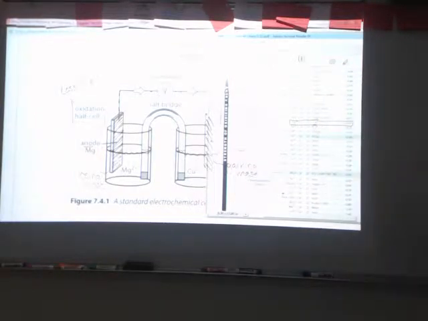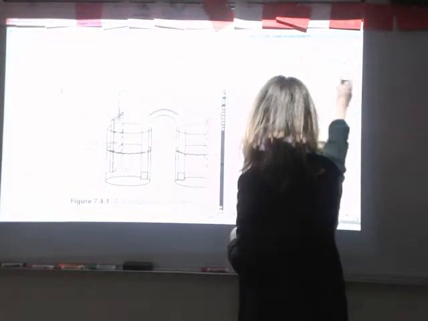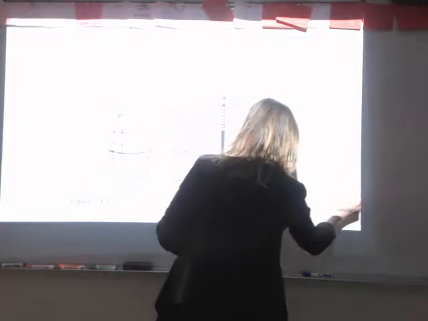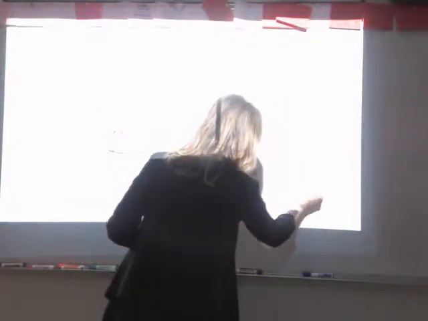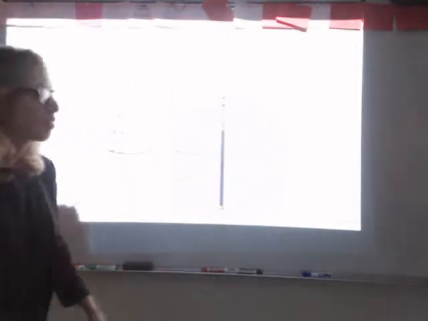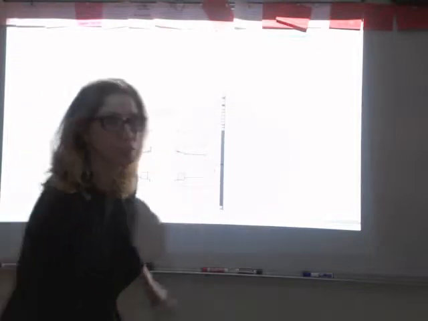And then I've got my magnesium. I don't think I went down far enough. Your copper's here, and then your magnesium's down here. So this magnesium solid is going to give electrons to Cu+2. You'll form Cu solid. That's what plates on this electrode.